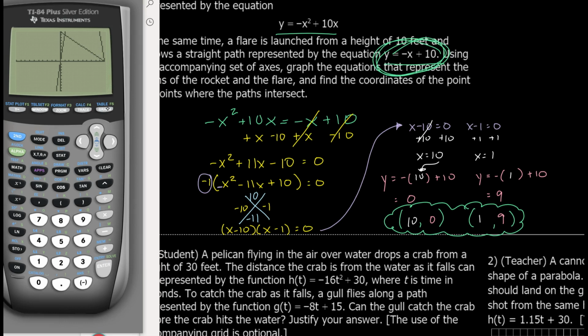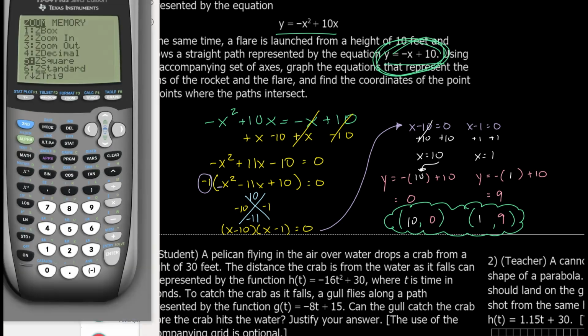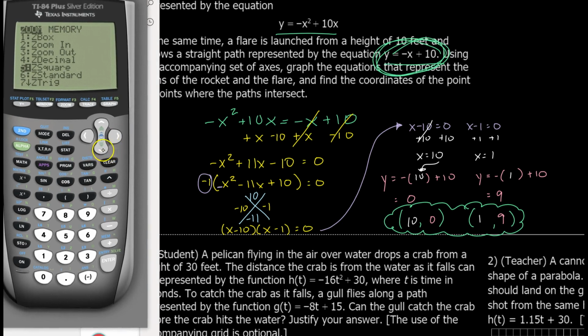If your graph is in standard form, the window doesn't quite show all of the intersections, right? So how could I change my window? You could try zoom. You could do zoom out, or you could try zoom fit.